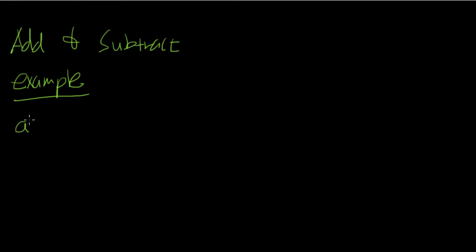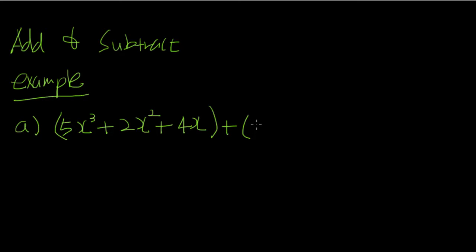Say the first one, you have 5x to the third plus 2x squared plus 4x plus 2x to the third minus 5x squared plus 3x plus 4.